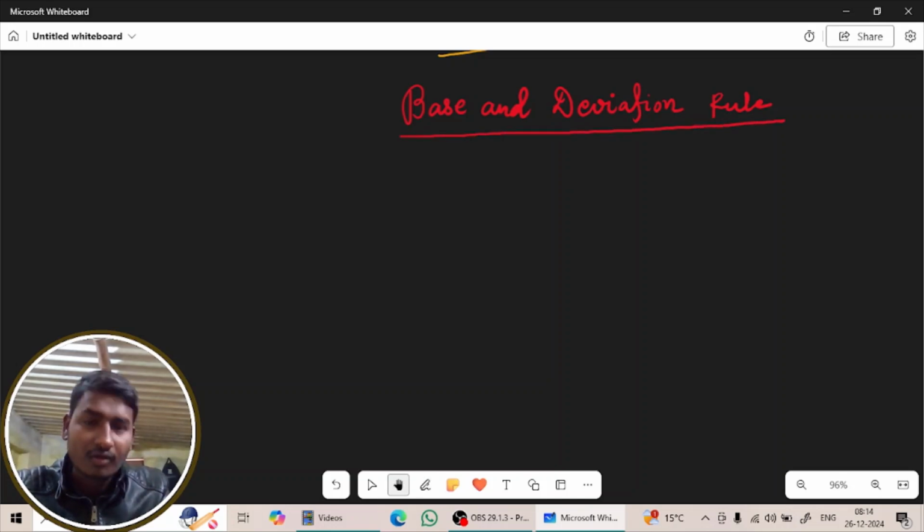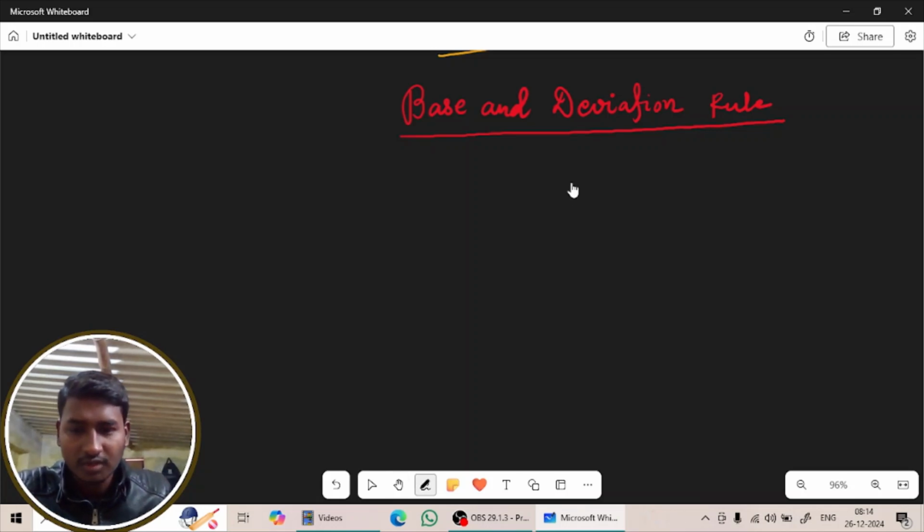So let me write this: base and deviation rule. This rule will apply to numbers close to 100 or close to 1000, because we are going to learn two types of square.